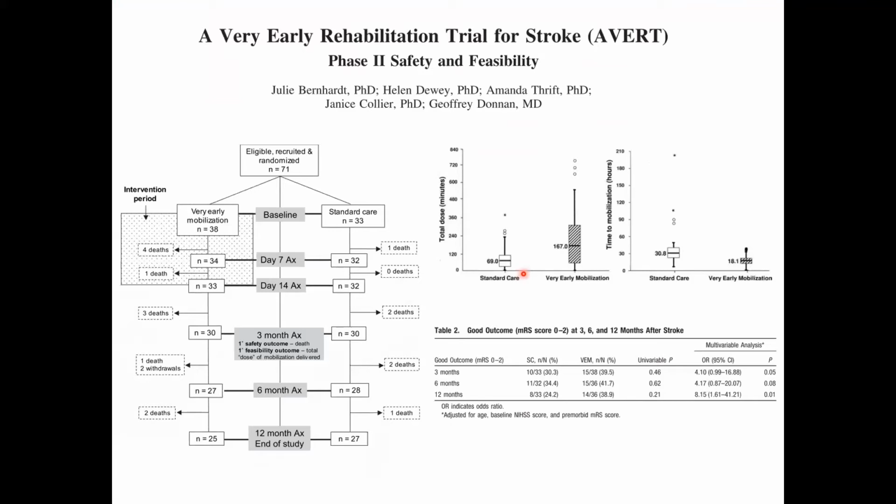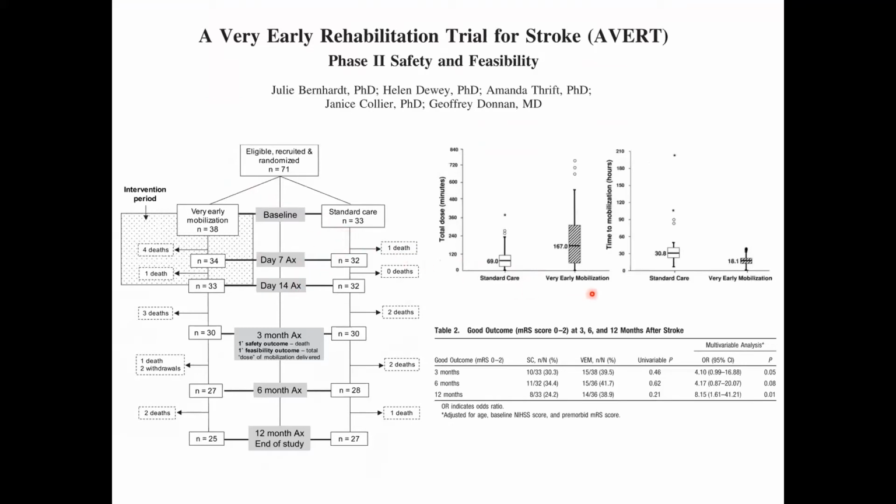I think this kind of observational study may correspond to the phase 1 trial. After these observational studies, this group conducted phase 2 randomized controlled trials with 71 patients with stroke. They implemented a very early mobilization therapy and compared efficacy and safety with the standard care group.